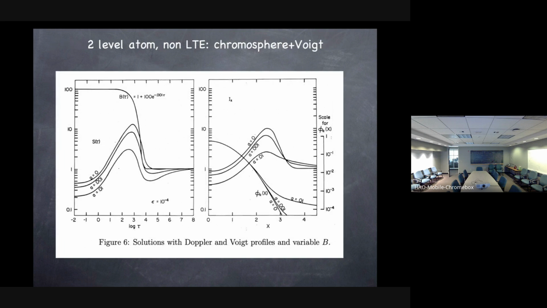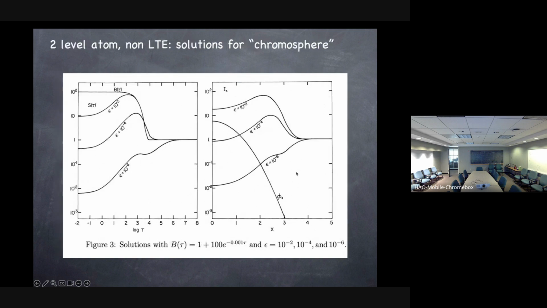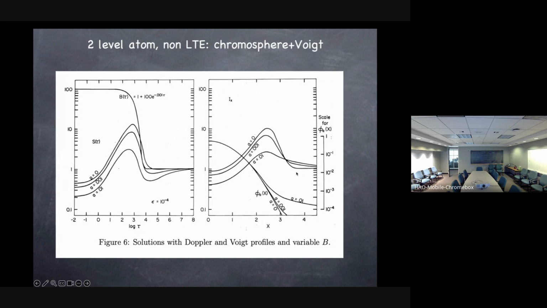Even better, we've got ones that look like this. Now, what I've done here is not only add in a Gaussian profile, but I put in a Lorentzian profile of the kind that Vogt developed. And here is that profile. Here's one that's pure Gaussian. That one has a little bit of line wing emission. You can see qualitatively how these are changing.